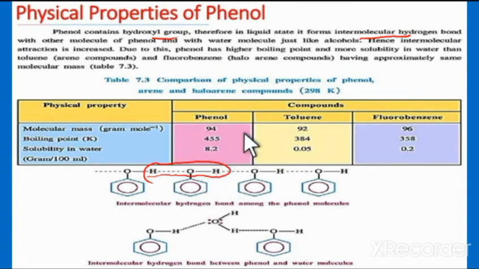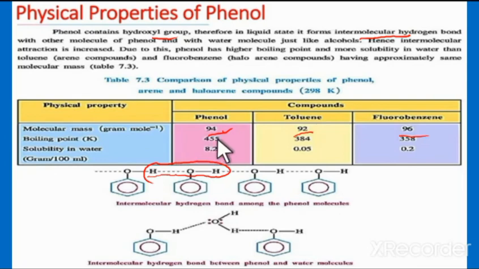First, when we consider the boiling point, the boiling point of phenol is more when compared with compounds having similar molecular mass. So phenol, toluene and fluorobenzene: phenol molecular mass is 94, toluene molecular mass is 92, and fluorobenzene molecular mass is 96.